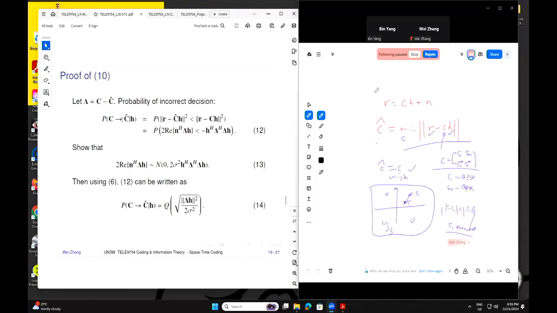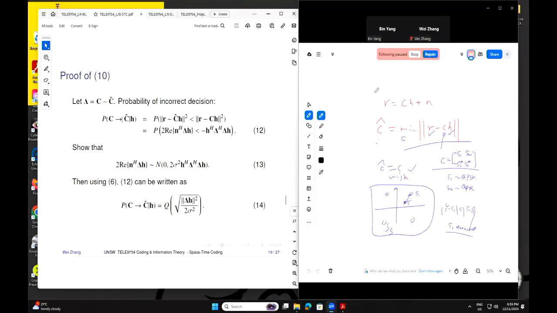Unfortunately, in the beginning, S3 was sent. So that is one case of the error.